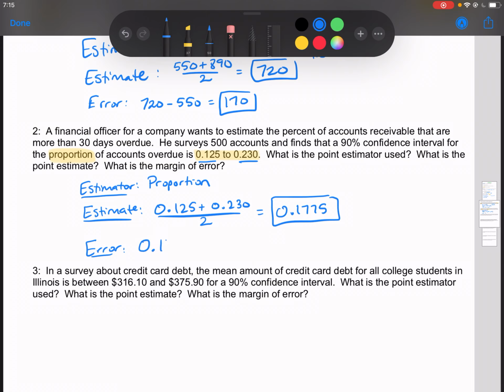So I'm going to go ahead and just take the point estimate and subtract the lower bound, 0.125 right here. And that will give me my margin of error of 0.0525. So that's what you'd add or subtract to the point estimate to build this confidence interval.